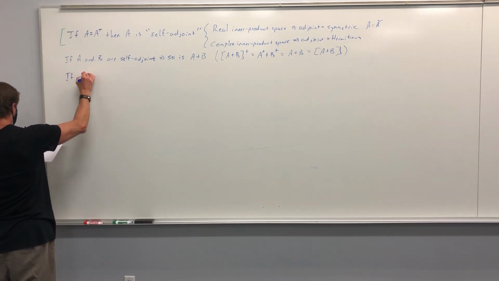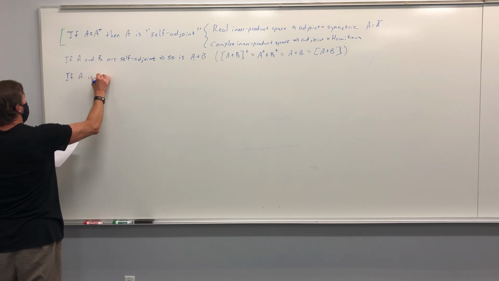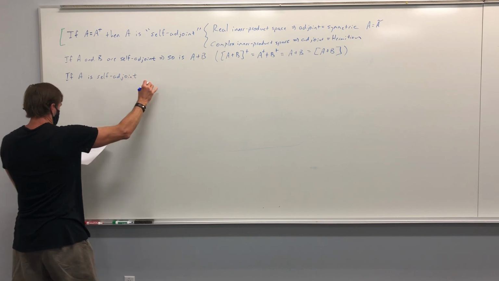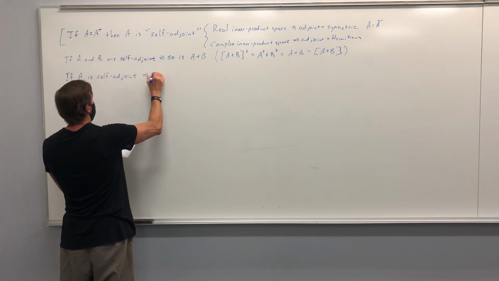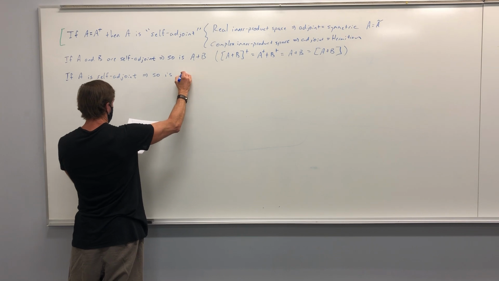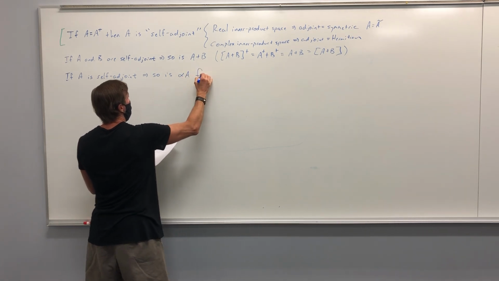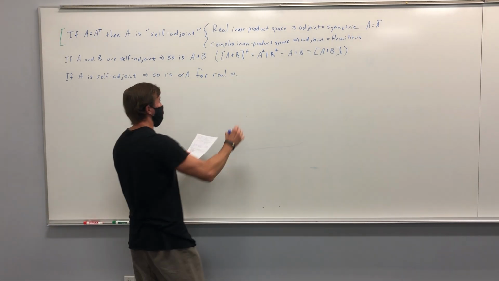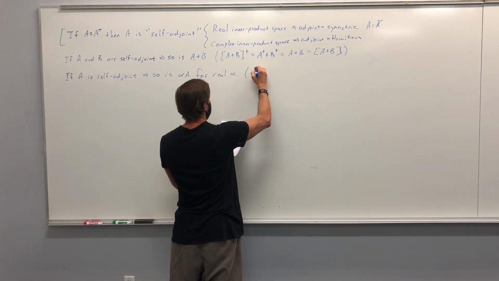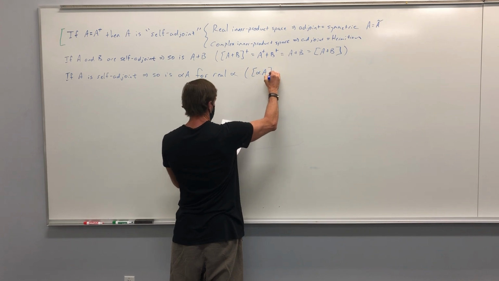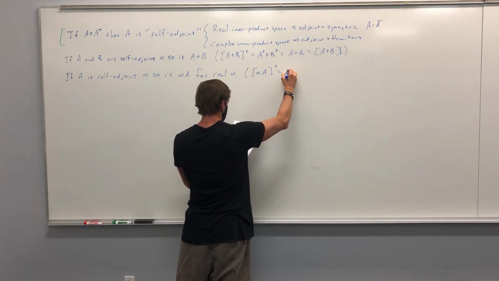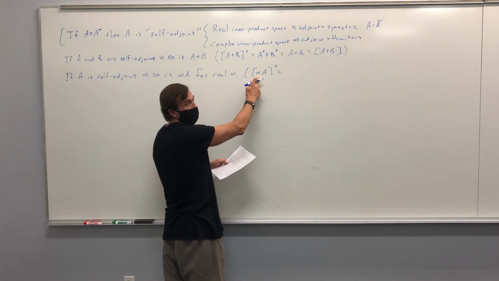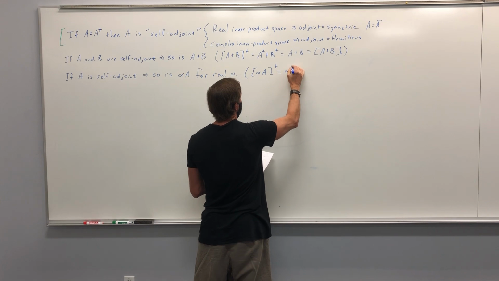If A is self-adjoint, then so is alpha A for a real coefficient alpha. Obviously, alpha A dagger is the complex conjugate transpose, so you don't transpose alpha, it's just a number, so it just gets a complex conjugation.